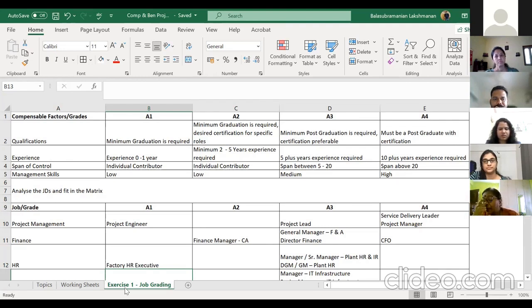For example, if I'm Toyota, maybe value engineering and operational excellence is very critical, so I will put a lot of emphasis on that. Whereas for another organization, like Porsche, design is very critical, so I will add a compensable factor for designing.